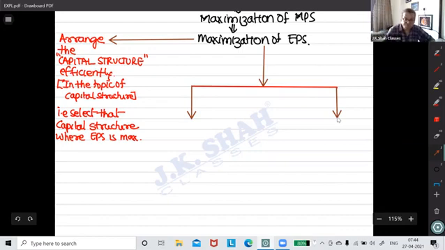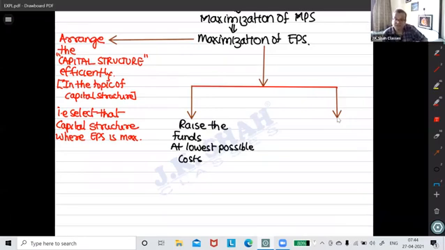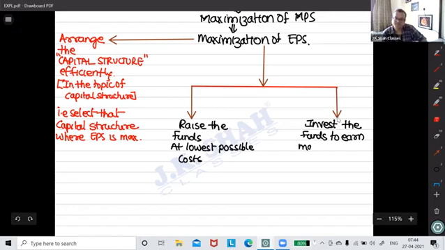For this, one more option: raise the funds at lowest possible cost, and then invest the funds to earn maximum profit.